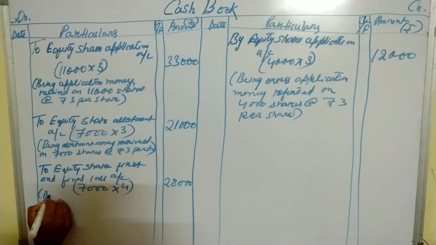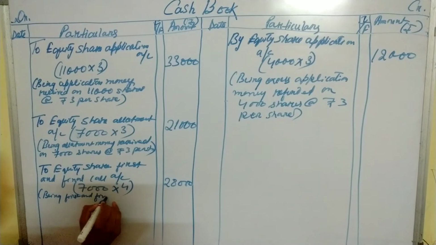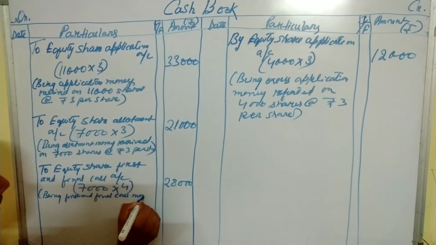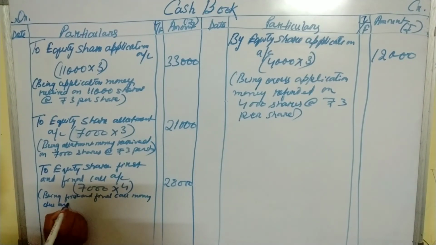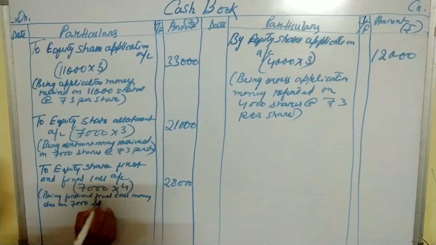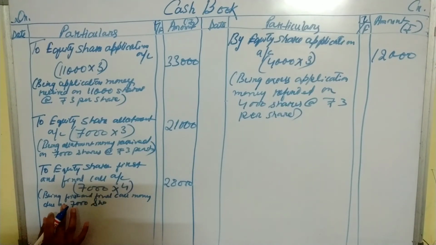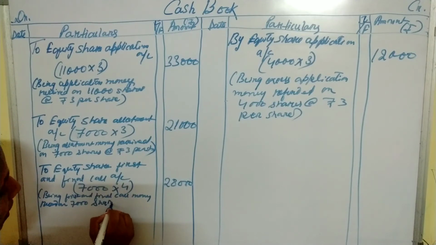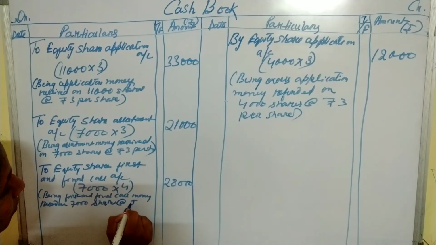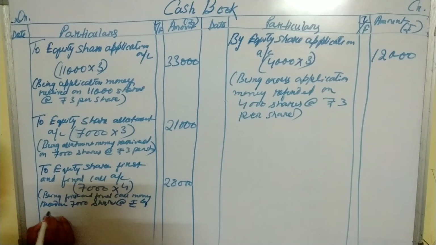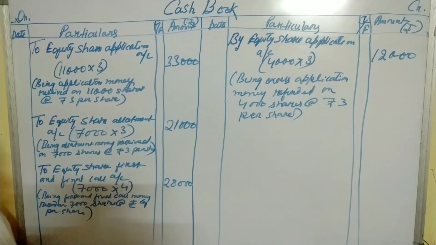Right? Narration. Being first and final call money due on 7,000 shares received on, not due, received on 7,000 shares at the rate of rupees 4 per share.